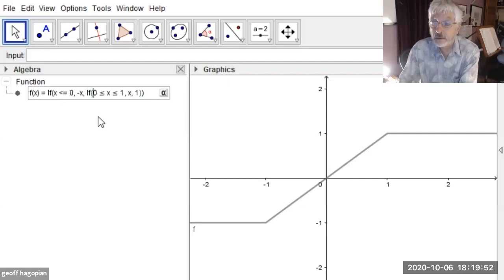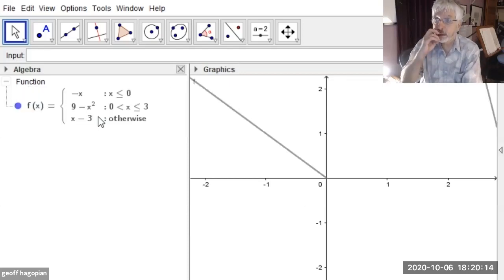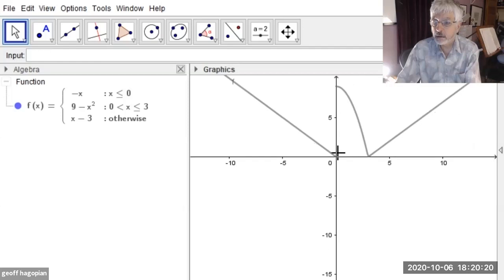And otherwise, if x is strictly greater than 0 and less than or equal to 3, for that we're going to use 9 minus x squared. Otherwise, we're going to use x minus 3. Okay, so I've got something going on here. What have I got going on? Let's zoom out, right? Okay.